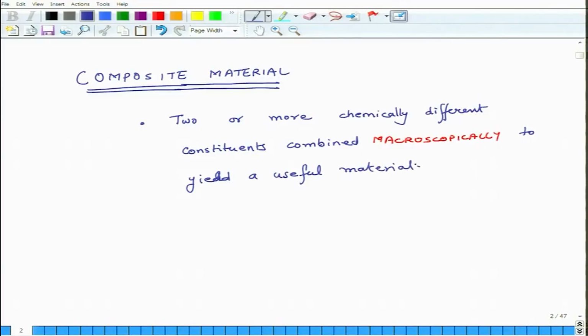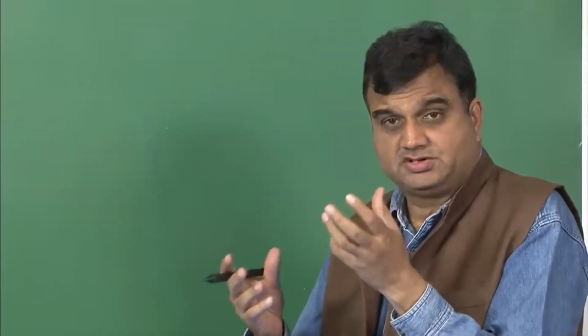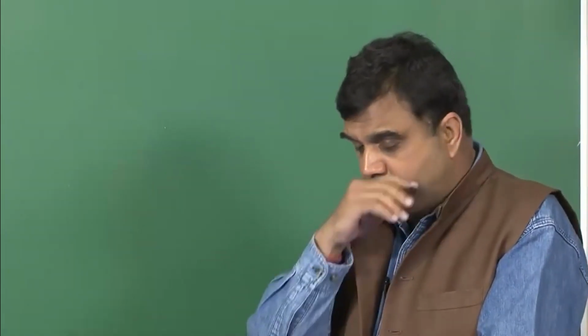So, this is the first thing, that I call any material a composite material if it has two or more chemically different constituents. The chemical structure of different constituents should be significantly different, and when I add them up, they should be added at a macroscopic level, not at a molecular or a crystal level, but at a macroscopic level.